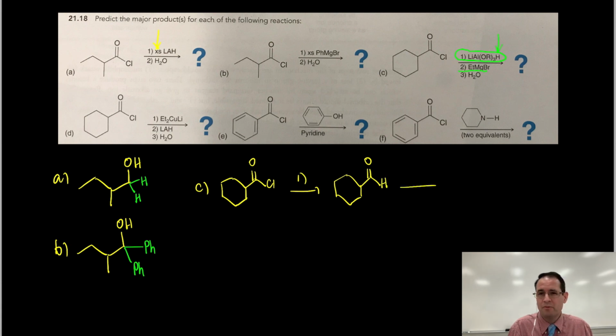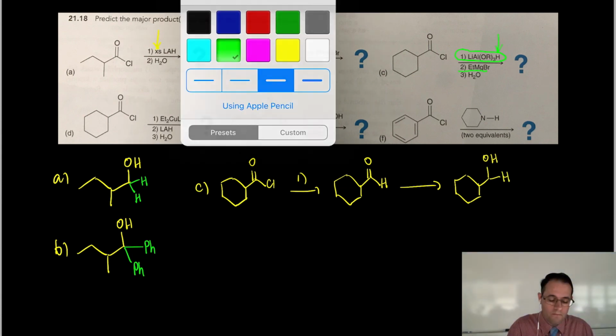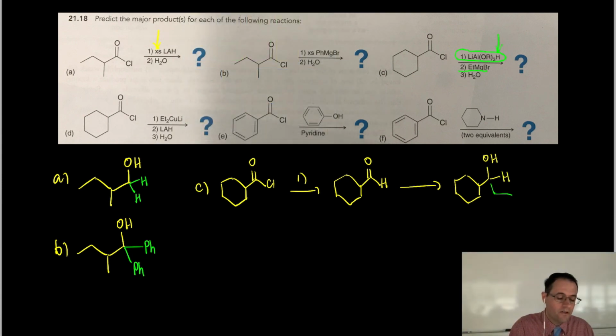And then I hope you remember the aldehydes and ketones chapter. When you add ethyl magnesium bromide to this, followed by water workup, you form an alcohol with an additional ethyl group added to that carbonyl carbon. And here I'll just highlight where that ethyl group is. It's in green here, so 2 carbons attached to that carbonyl carbon.